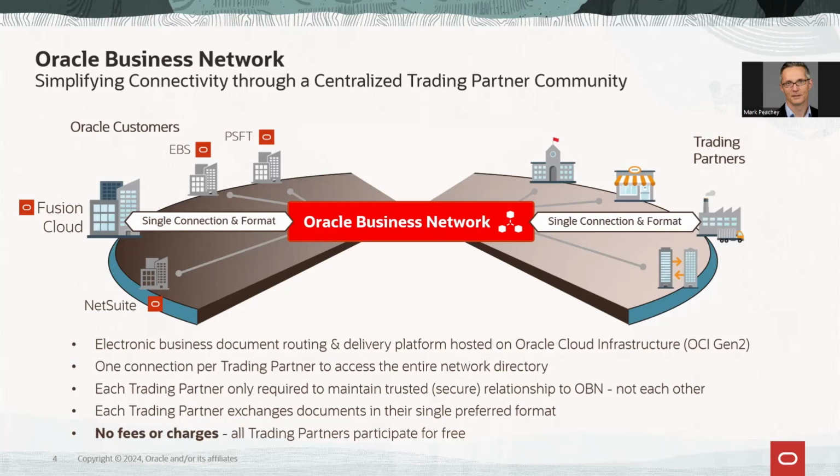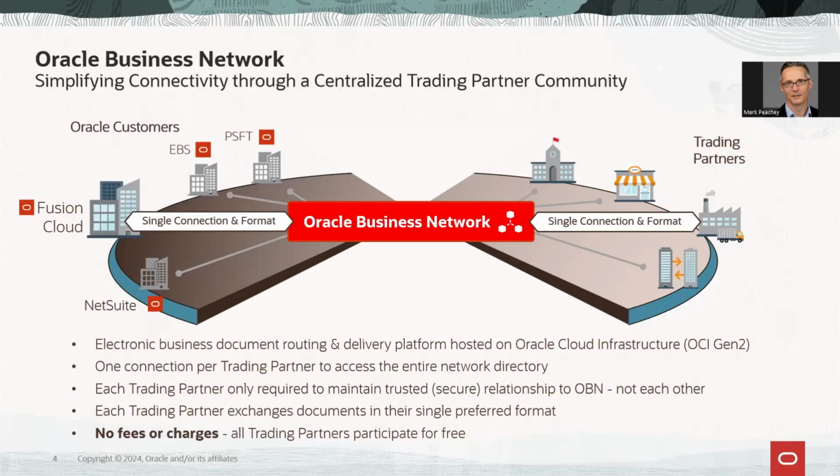For those trading partners, the ones that you are engaged with, they are often running systems that are non-Oracle based. And so we offer a variety of connectivity options to those trading partners in order that they can set up connectivity to OBN.